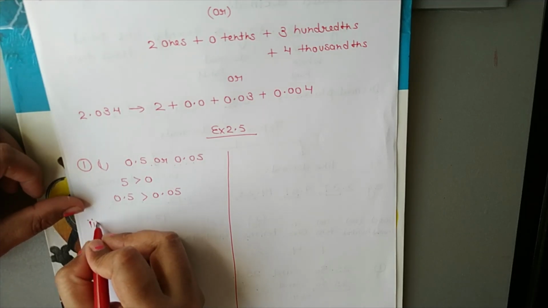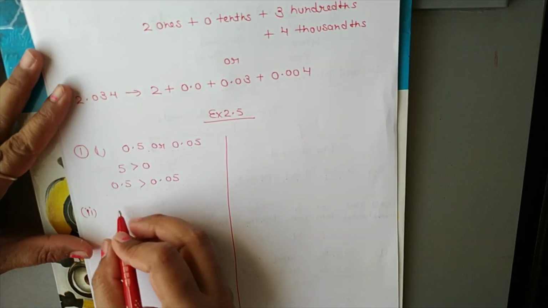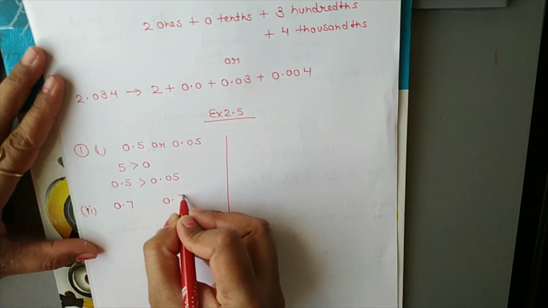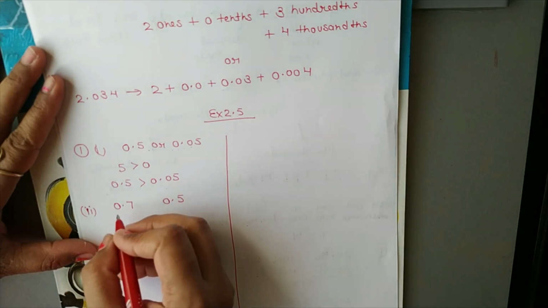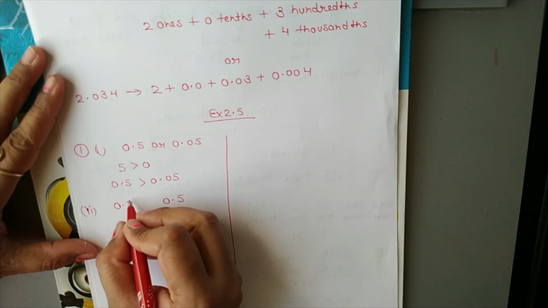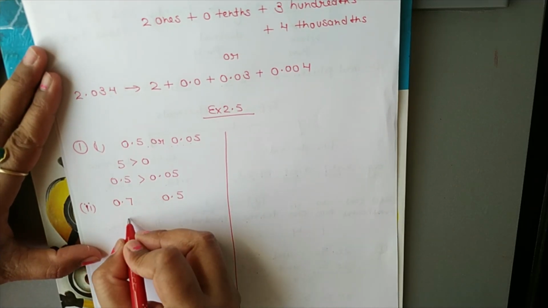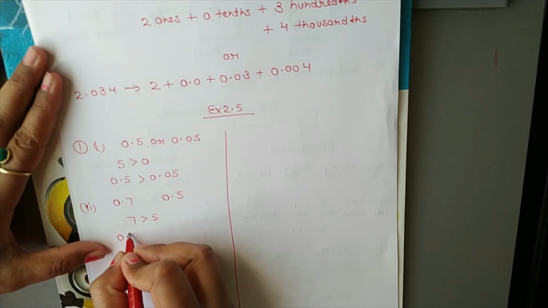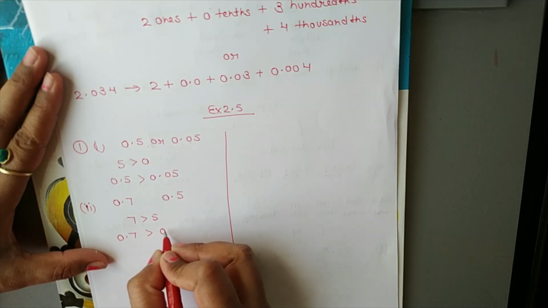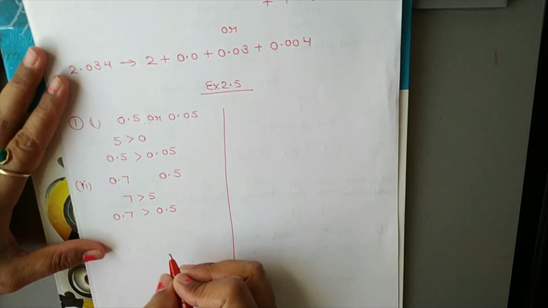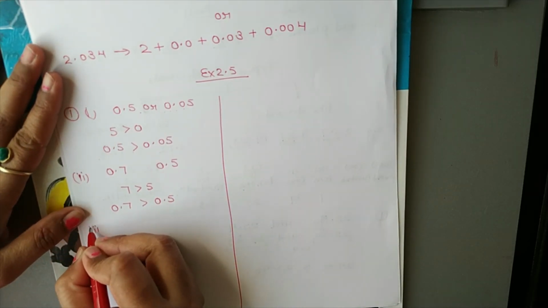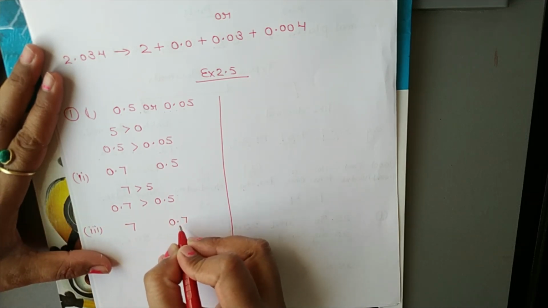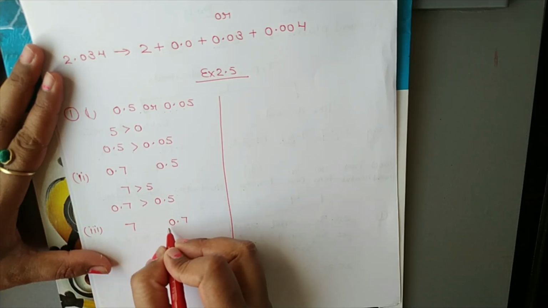Now the second part, 0.7 or 0.5. Here the whole parts are equal, so we have to compare the tenths digit. Here 7 is greater than 5. So 0.7 is greater than 0.5. Move on to the third part, 7 or 0.7. Here the whole part is 7 and here the whole part is 0.